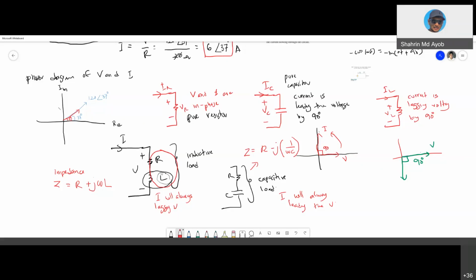It depends on the impedance angle. Because after this, you have Z with a magnitude and angle theta Z. And for this one, Z is equal to the magnitude of Z with an angle of negative theta Z. So for the capacitive load, your impedance angle will be negative. For inductive load, your impedance angle will be positive.